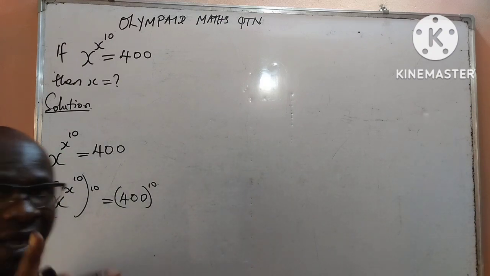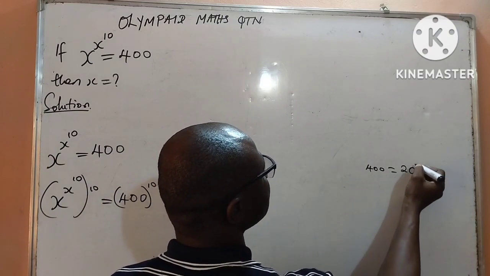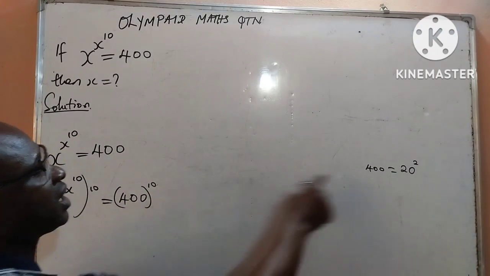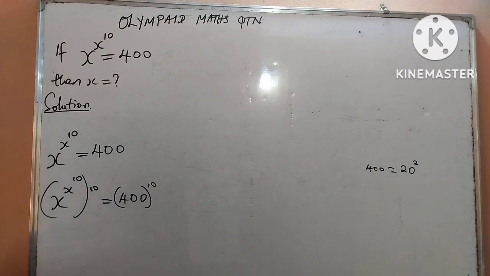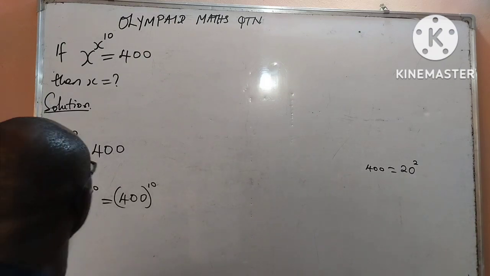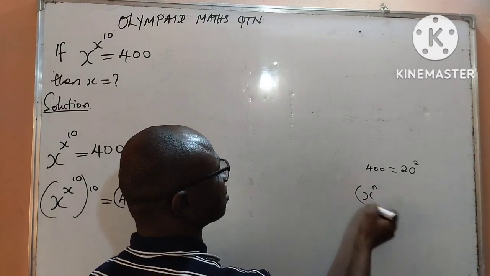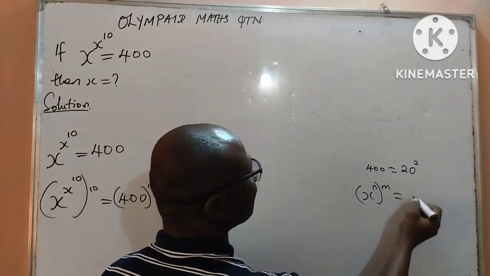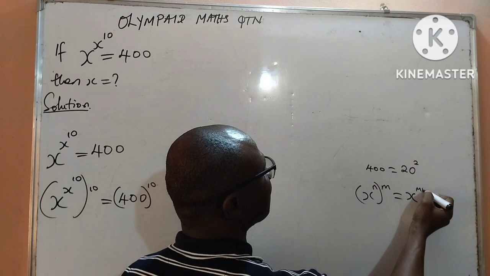When this happens, I want you to see that 400 can be written as 20 raised to 2. So I'm going to represent my 400 as 20 to the power 2. But before that, let us see that if x raised to n is also raised to n, it is the same thing by law of indices as x raised to power n multiplied by n.